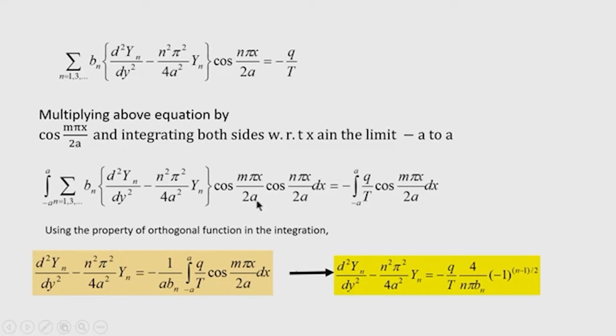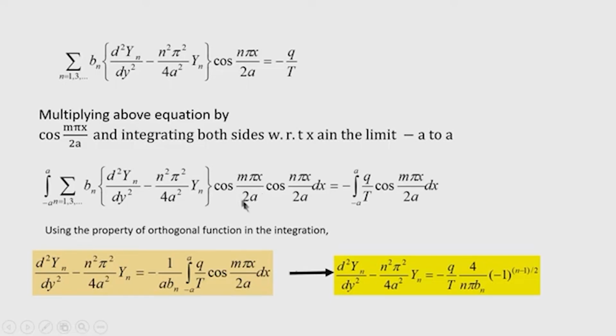Then b n will be a constant, and in doing this operation we can see that only when m is equal to n will the value exist.